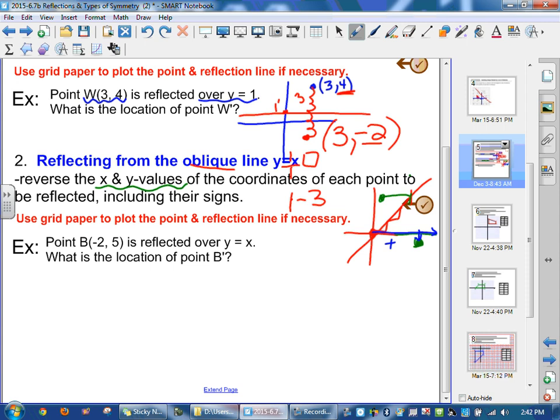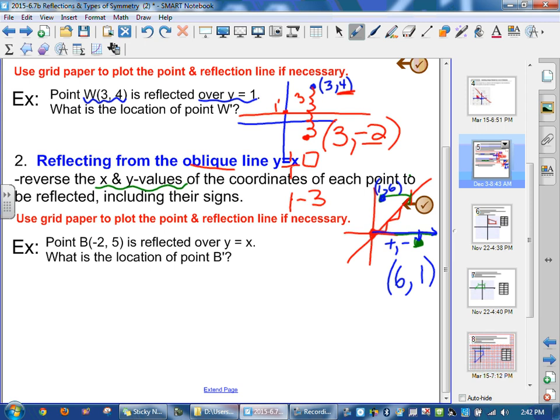So that's a positive, negative number. Okay? So if I had a point right here that was, let's say, 1, 6, going down here, we switch their places, 6 and 1, and now I match the signs, positive, negative, so the 1 becomes a negative. And that's how we do that.